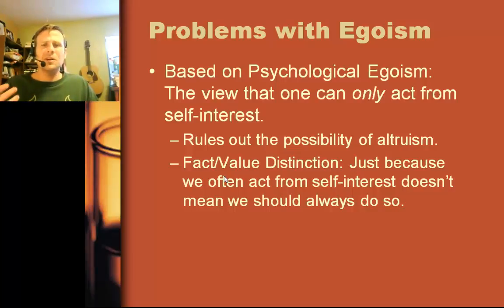But also, even if you could explain everything you do in terms of your own self-interest, that doesn't mean that's the best explanation. So, for instance, I could explain everything I do, sorry, I'm getting over a cold, as simply a response to the invisible leprechauns that move my body around. So it turns out that everything I do all the time is only controlled by little invisible leprechauns who move me around.